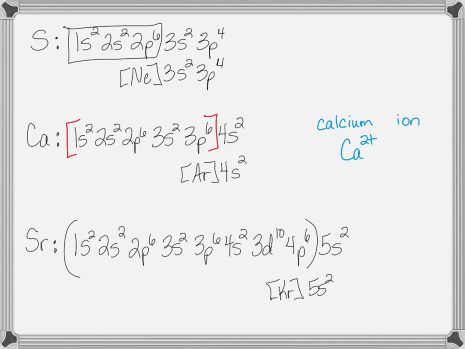For something neutral to become a cation, it has to lose 2 electrons. Electrons are negative. If you lose them, that makes a cation. So which 2 would I use? Isn't that 2 electrons right there? If I strip those away, the electron configuration for the calcium ion is simply argon.